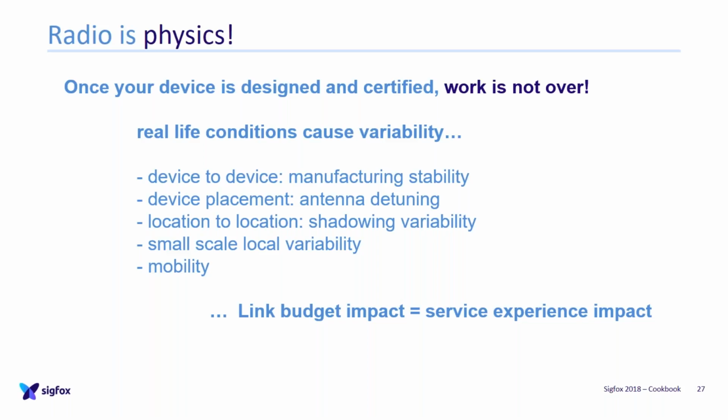Not all the variability is related to the radio, because part of it can also be related to manufacturing stability, but this is something that we will not discuss here. Manufacturing is really a huge challenge for IoT, but this is a topic for later. We will focus here on the radio variabilities. The radio variabilities divide into two branches.